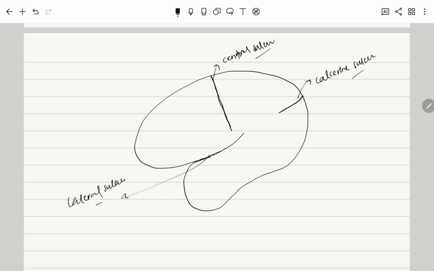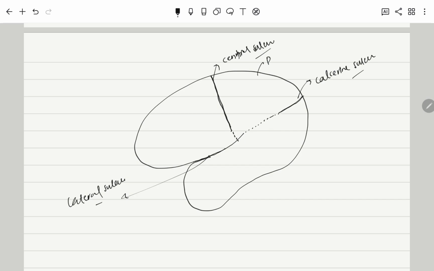If we draw an imaginary line and descend the central sulcus to the lateral sulcus, we get the parietal lobe.